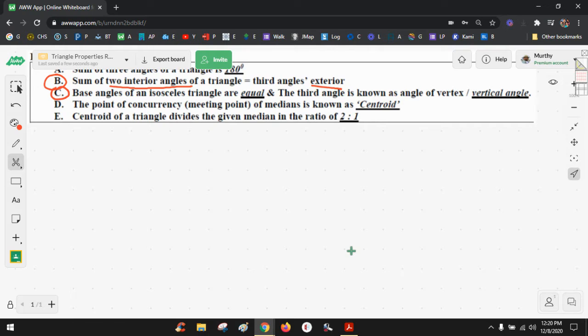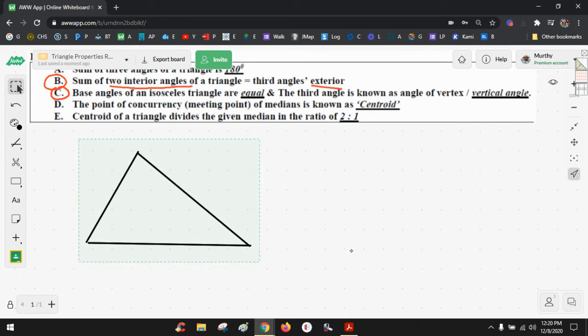So first of all, let's talk about what a median is. Let's say that a triangle is given. Purposefully, I'm taking a scalene triangle. I can take an equilateral or an isosceles triangle, but if I take a scalene triangle, that gives you a better idea of what we are discussing.